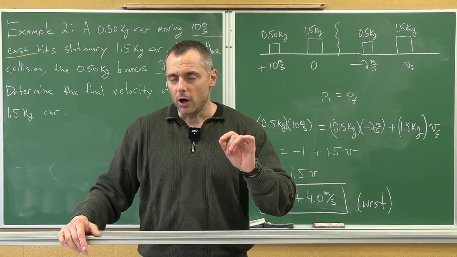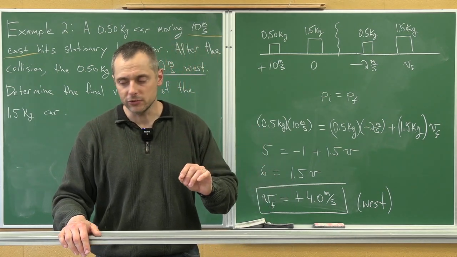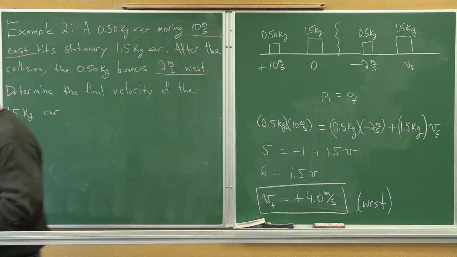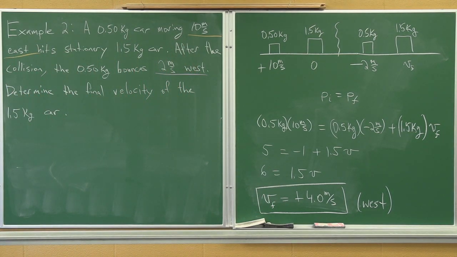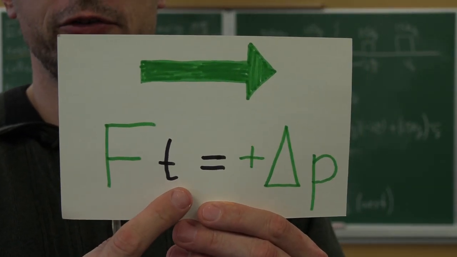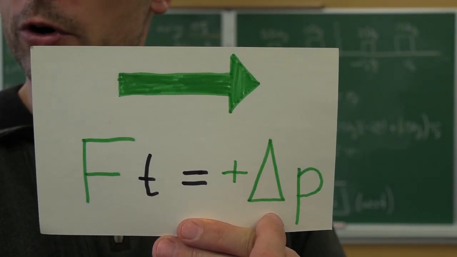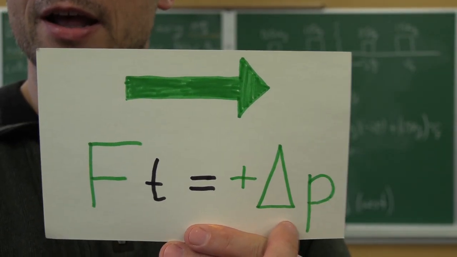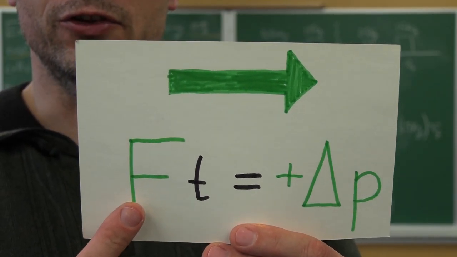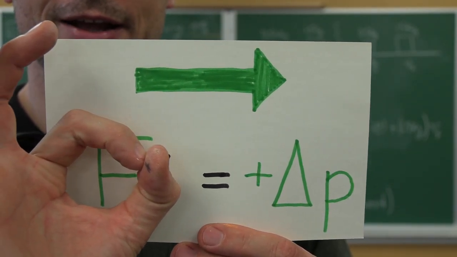Really, the law of conservation of momentum is not actually necessary if you know this equation. Because what does this say? This says if you supply an impulse, the momentum of an object or a system changes. If the system is isolated, there's no force from the outside, this is zero, okay?